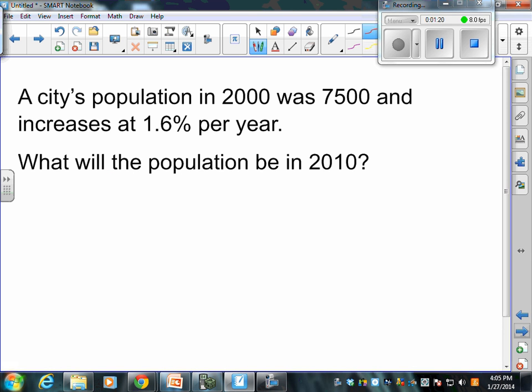A city's population in 2000 was 7,500, and it was increasing at 1.6% per year. What will the population be in 2010? So let's first of all come up with an equation. Since I know that it's increasing, it's an exponential growth problem. So it's a times (1 plus r) to the t.